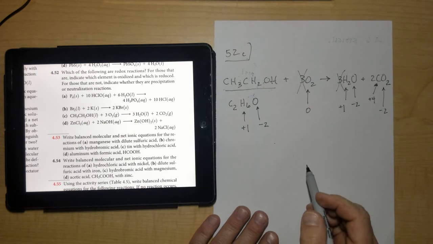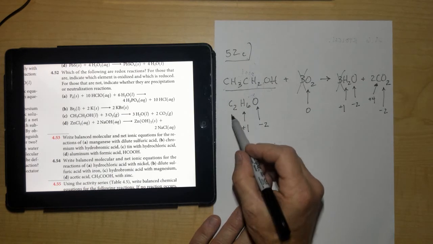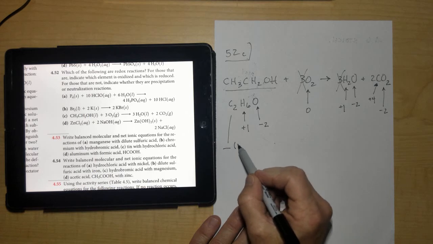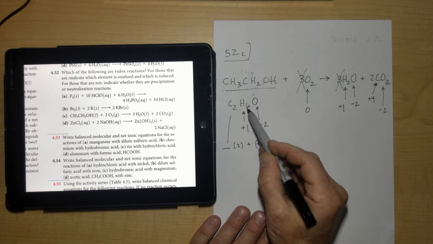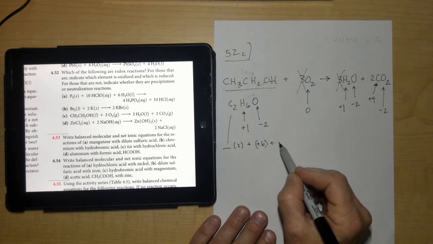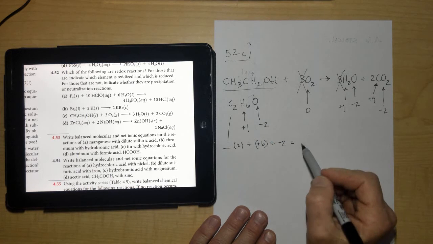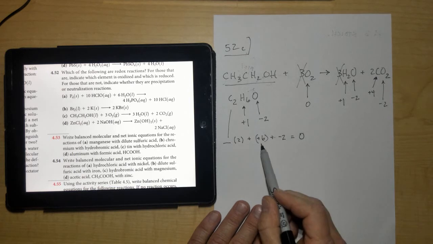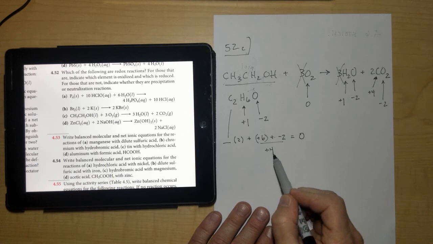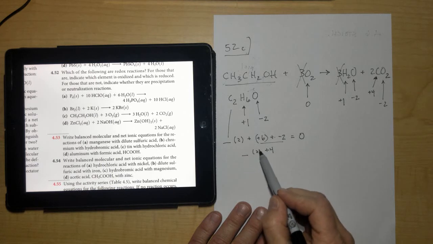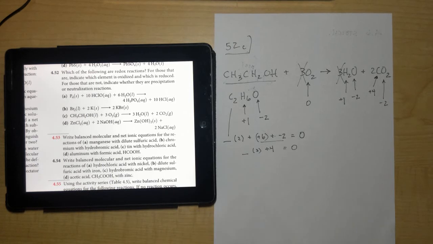And now we need to do a math problem, and we're not going to like this math problem. Some number times 2, plus +6, because there's 6 of these +1s, plus -2, has to add up to equal 0. So this part right here would be +4. So something times 2 plus +4 is equal to 0.